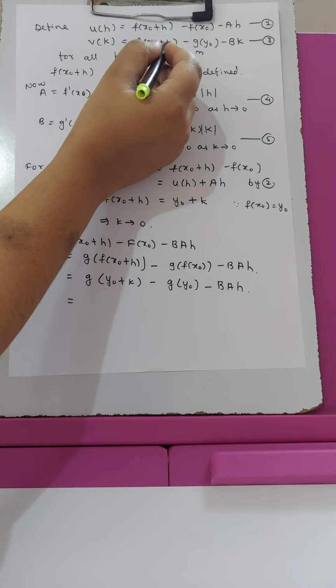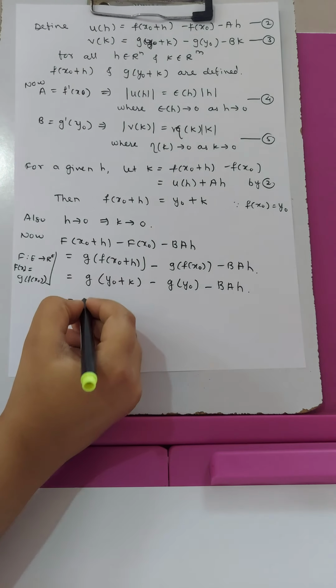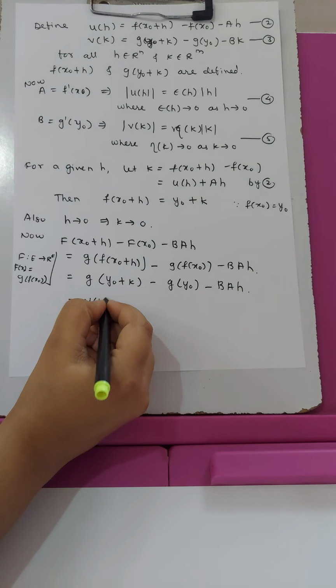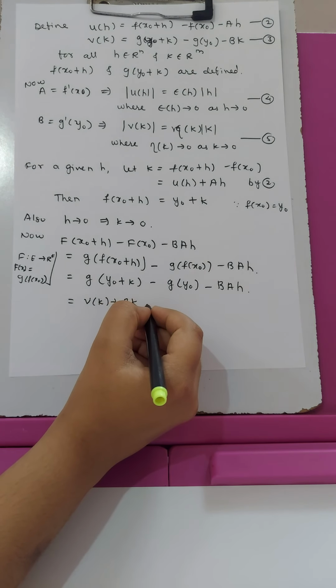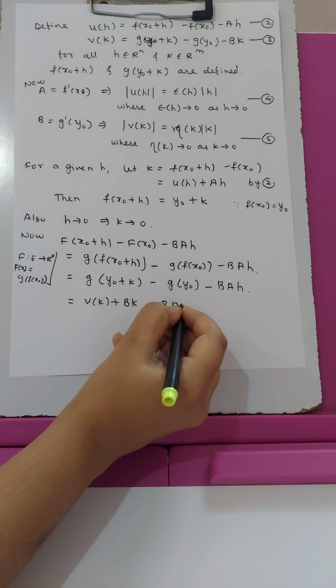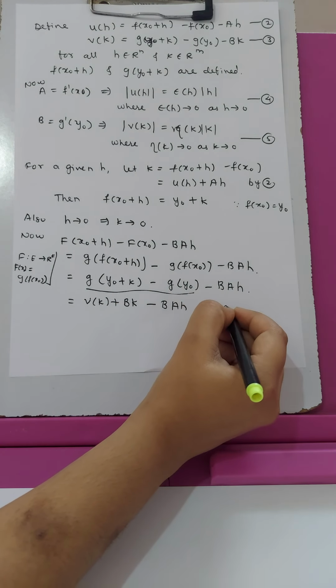This g of y0 plus k minus g of y0 can be written as v of k plus Bk, so we get v of k plus Bk minus BAh, and we have stated this from 3.